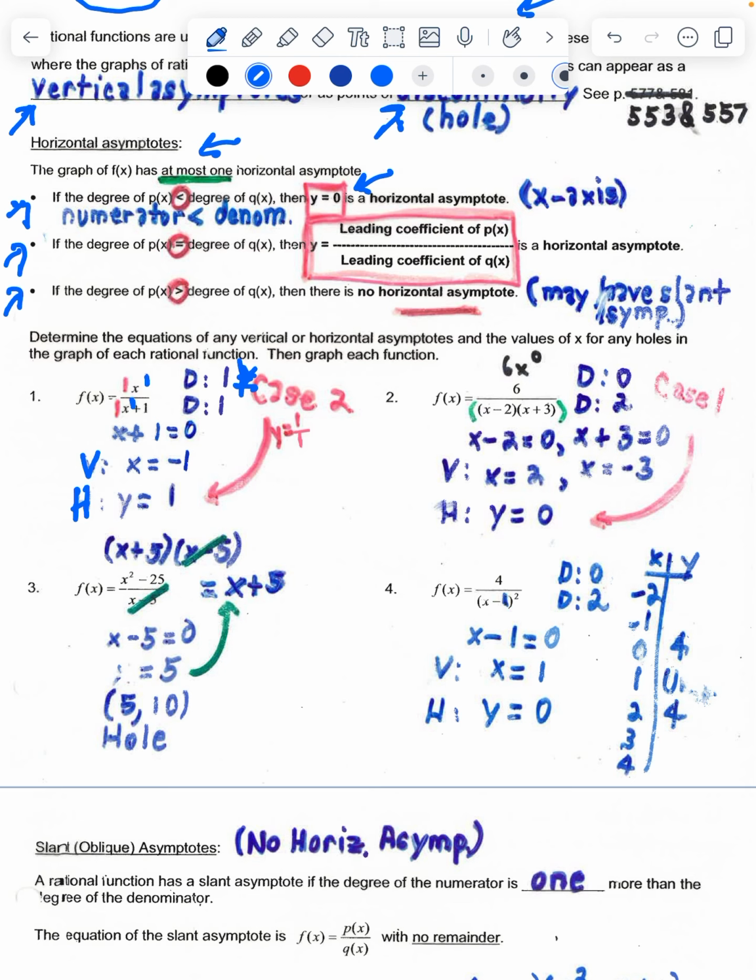At that point, I would actually type the function into my graphing technology. Be sure to include parentheses around any numerators or denominators that are more than a single term. And then look at your table of values.